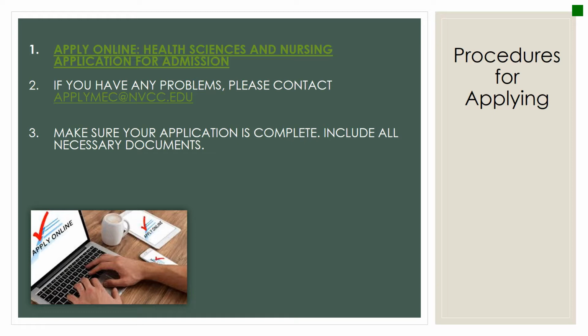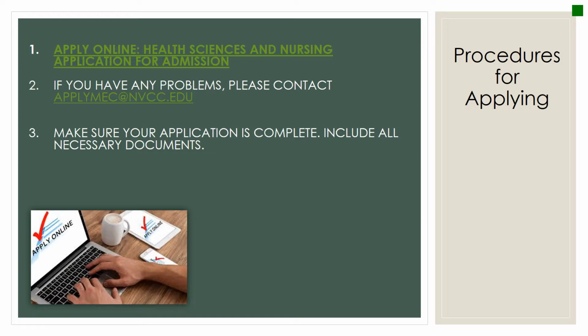Procedures for applying. To apply to the program, you will need to complete the Allied Health application form. This can be found by clicking on this link or on How to Apply under Documents on the right sidebar of the Information Session web page.